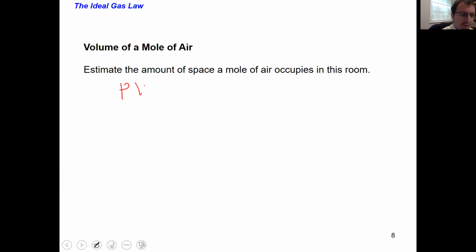Got ahead of myself. PV equals nRT. We want the amount of space for 1 mole, so we should use this form of the ideal gas law equation. In this case, n is equal to 1, just 1 mole.